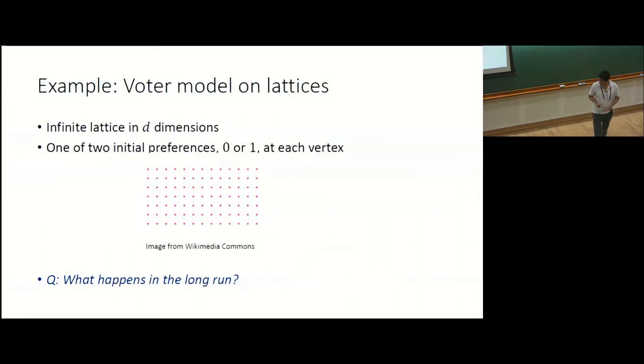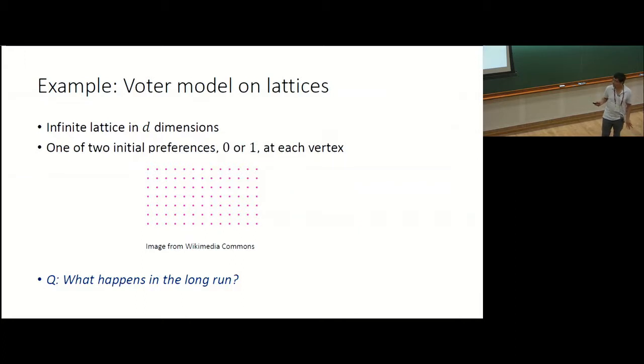Okay, so mostly we are going to be interested in what happens on finite graphs, but just by way of motivation, let me also talk about infinite lattices. These were, I think, the earliest models to be studied, in fact. So you have a d-dimensional lattice, and you have some initial preferences.